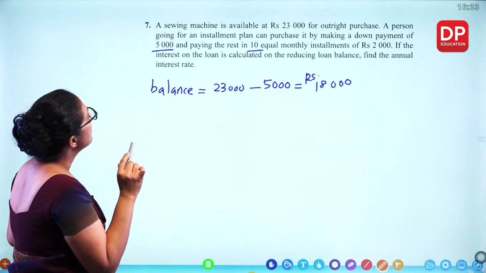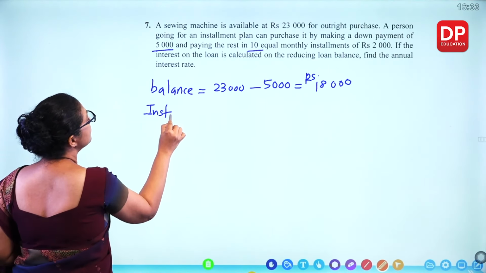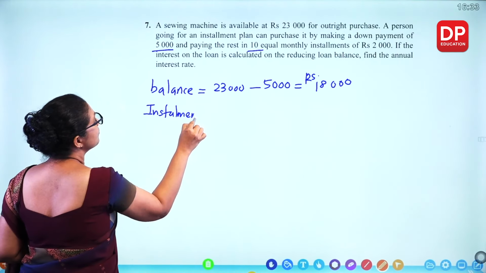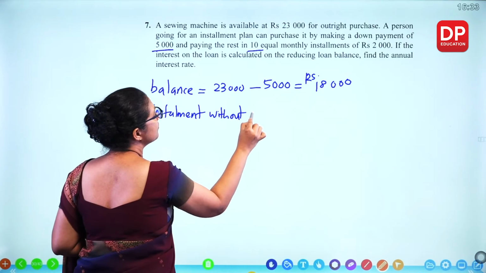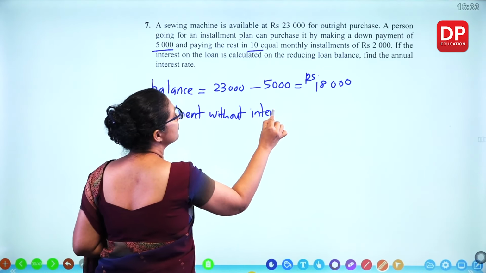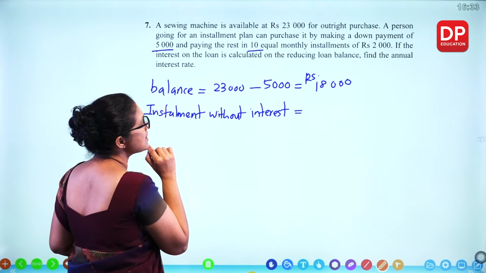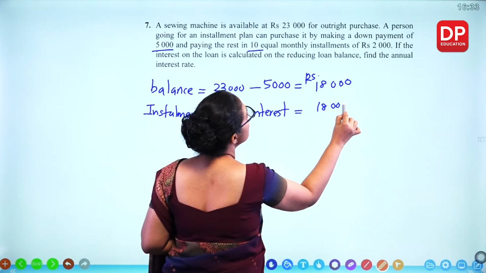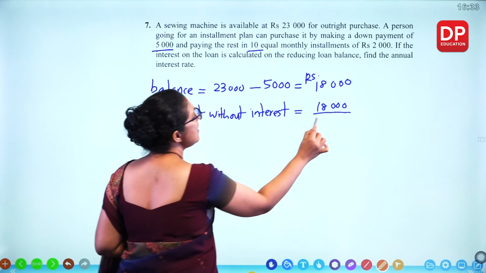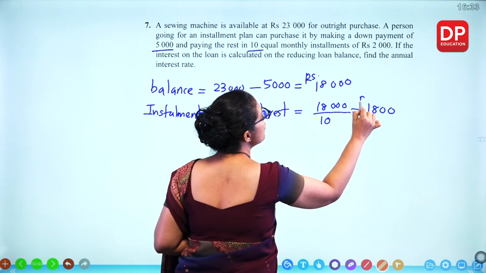Then what's the installment without interest? 18,000 over 10 equal months, so 1,800 rupees.